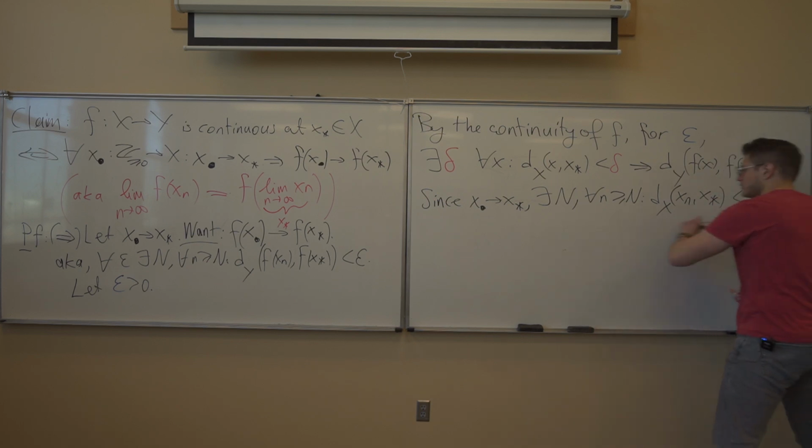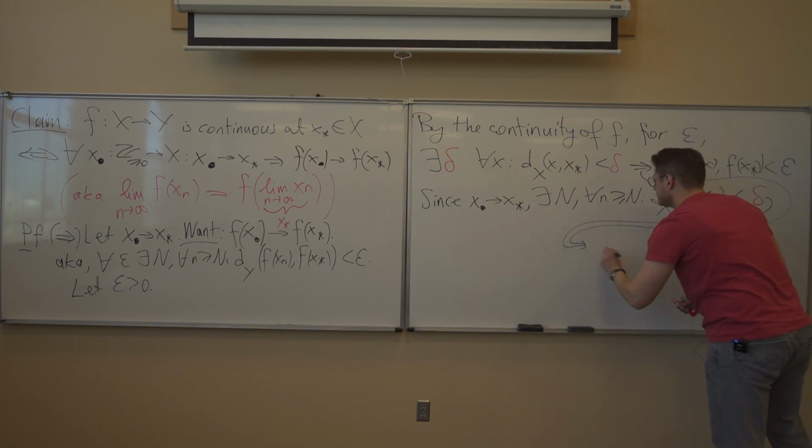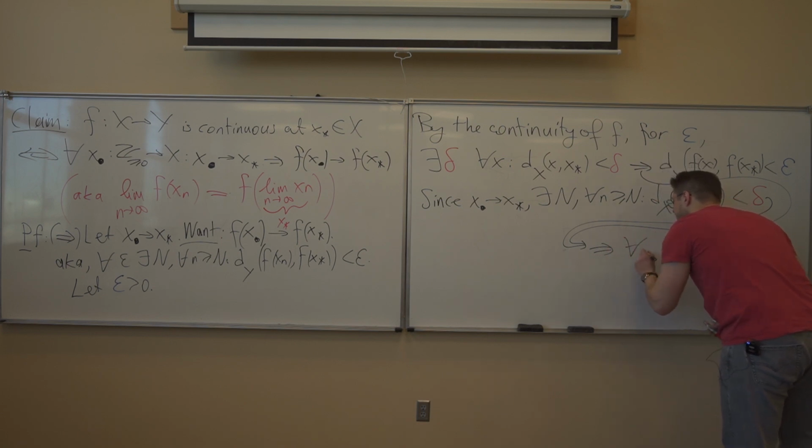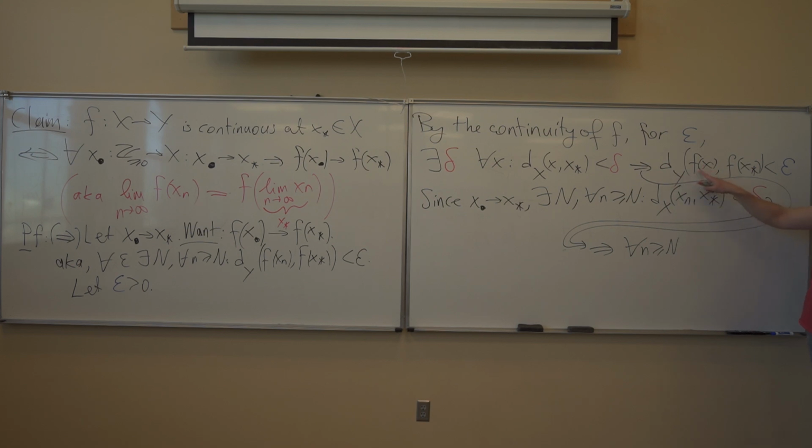So putting these two together implies that for any n after capital N, d of f of x sub n, comma, f of x star is epsilon close, epsilon being the blue epsilon. Which is what I wanted.